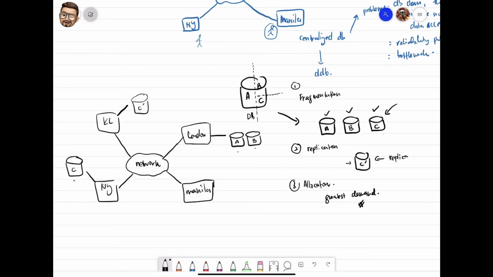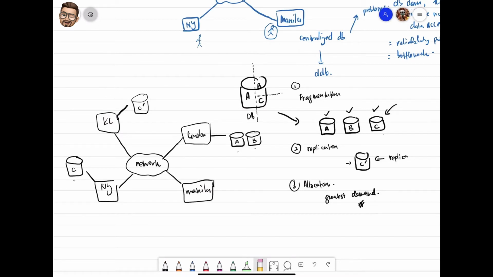However, now people in London don't need to travel all over the network anymore. Same goes with people in KL. They don't have to go through the network to the London branch to get the data, because now they want to use C and we give the replica of C to their site. So now all operations of KL will be done on its site only because we gave the replication over there.